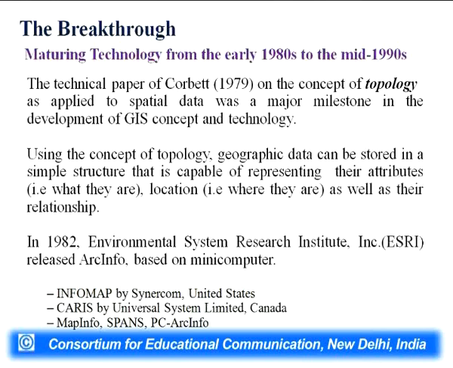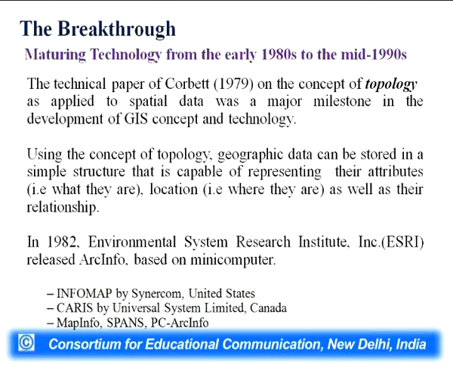The technical paper of Corbett on the concept of topology as applied to spatial data was a major milestone in the development of GIS concept and technology. Using the concept of topology, geographic data can be stored in a simple structure that is capable of representing their attributes, that is what they are, where they are, as well as their relationships.